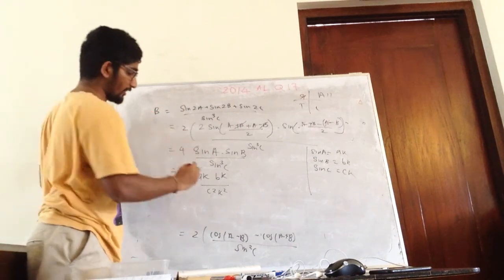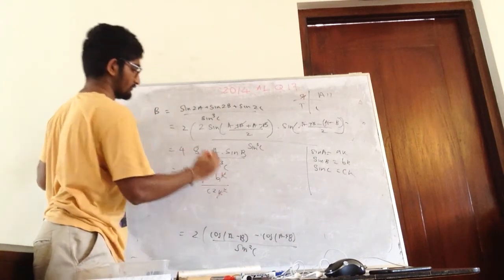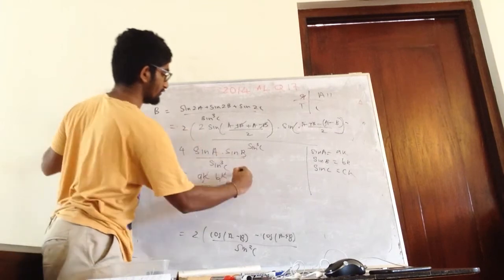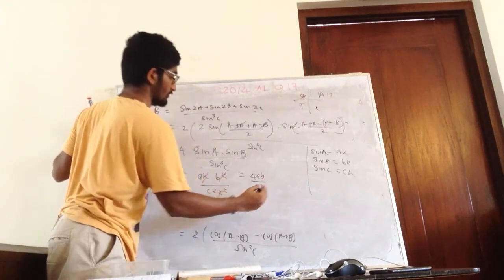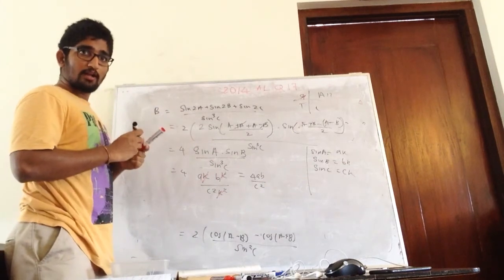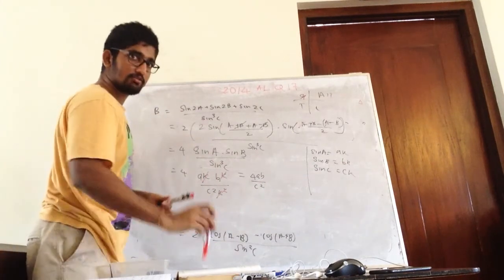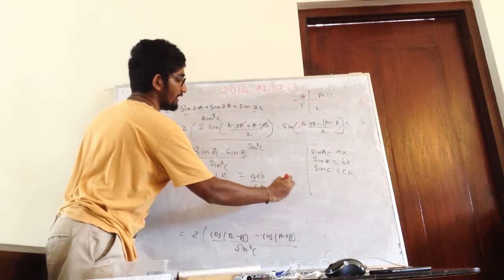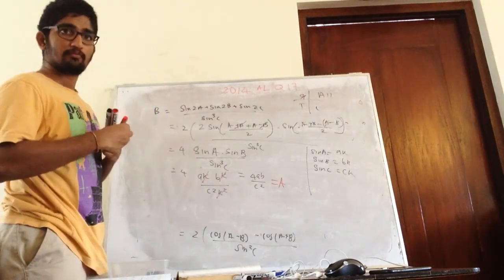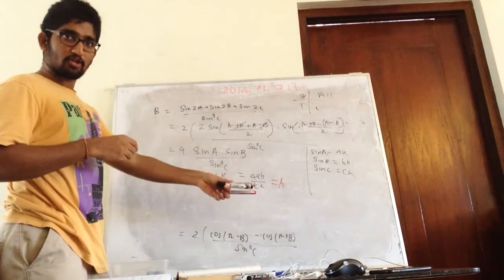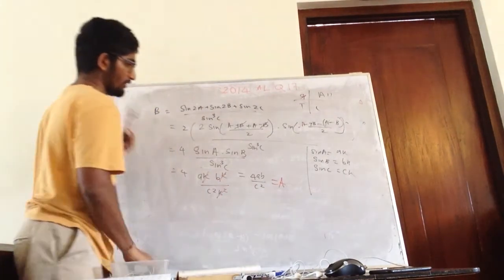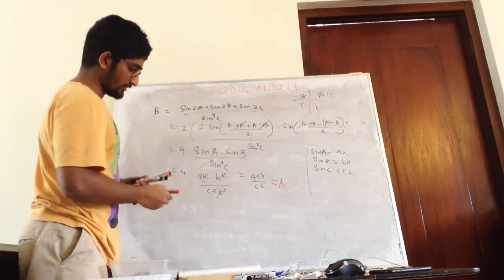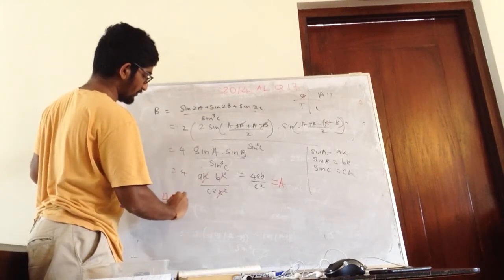Right? So I can cut these K's off. Then I will get 4AB over C square. Now this is equal to A, capital A. We got this too. Now, because of that, A equals B.